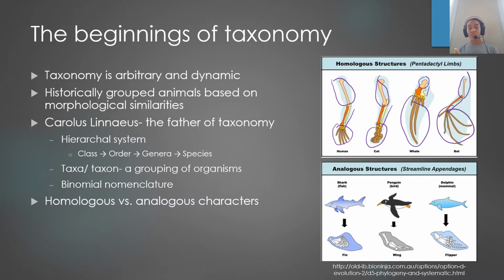But when you're looking at them just for morphological similarity, they look the same, and this can lead you to make improper interpretations of the relatedness between species. The example in this image compares a shark, a penguin, and a dolphin. We know today that a shark, a penguin, and a dolphin are not closely related. One's a shark, one's a bird, one's a mammal. They are related, but far, far, far back.